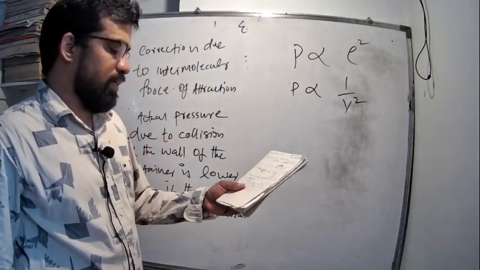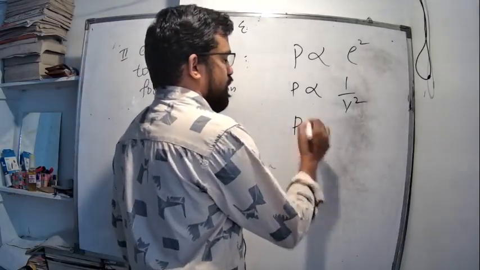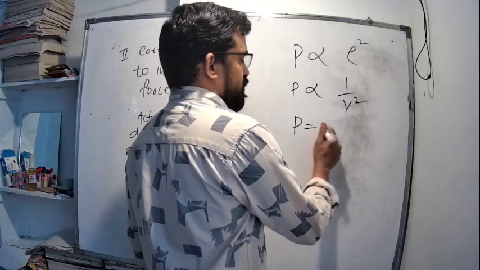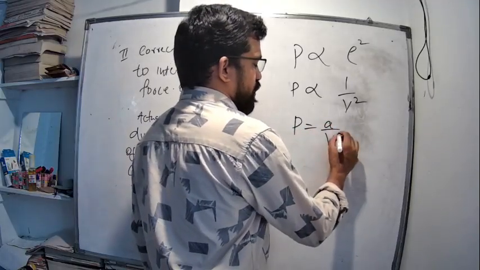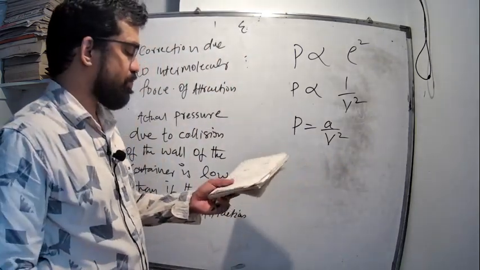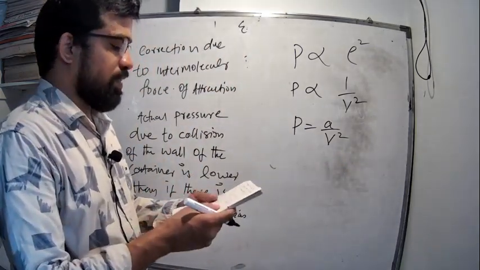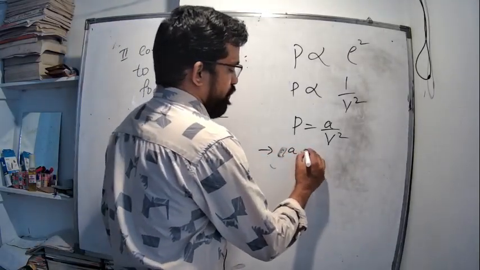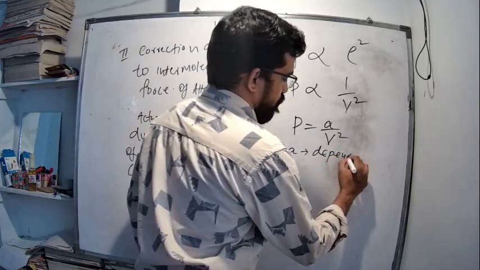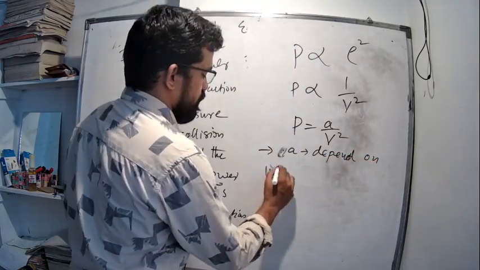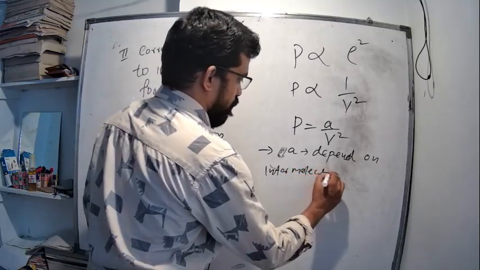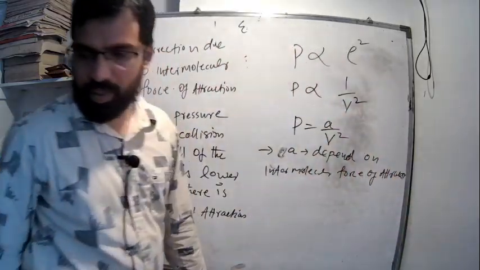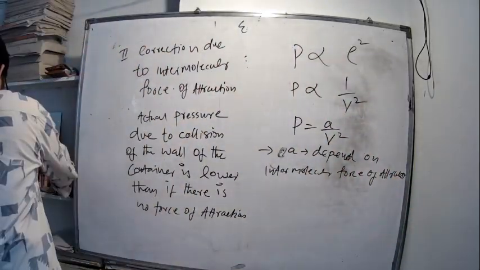Okay, and that is P is equal to A by V square, where A depends on intermolecular force of attraction.